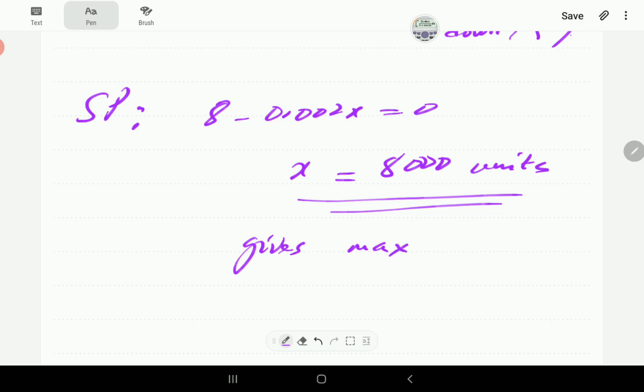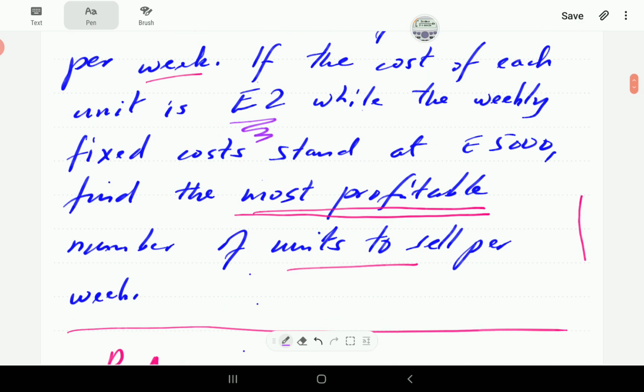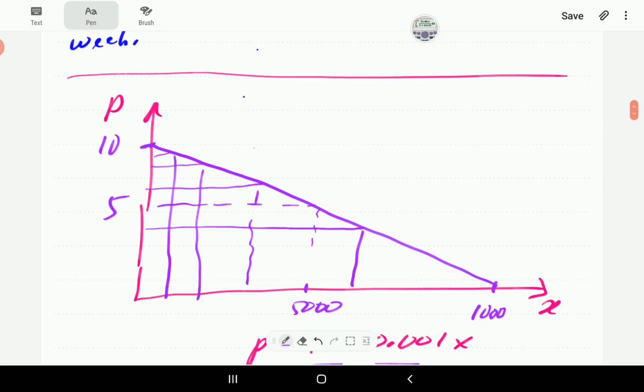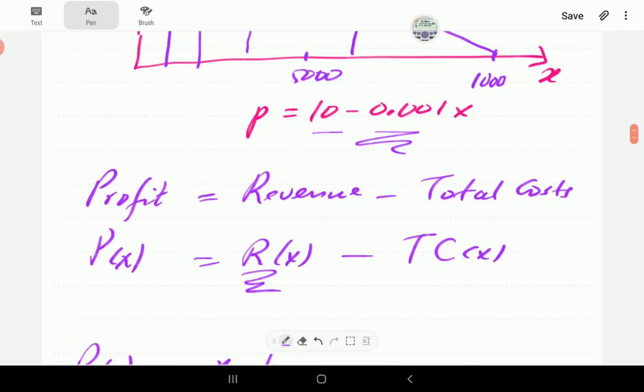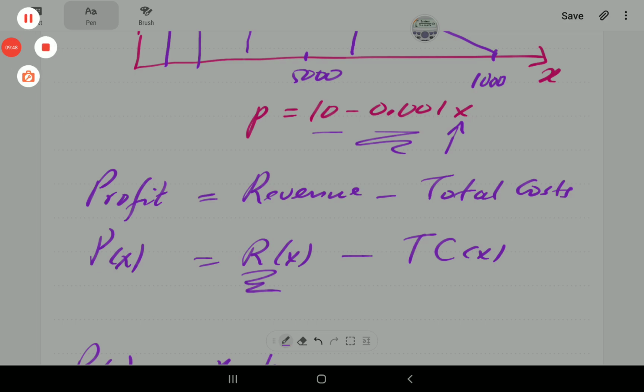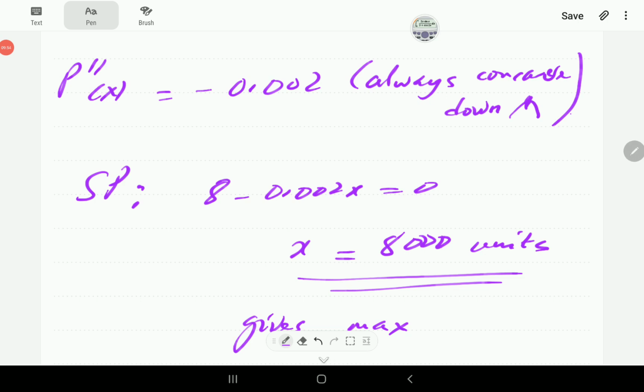If x is 8,000, we can find the price he needs to set to achieve this from the price demand function. So if we plug in 8,000 there, that tells us the price he's going to have to set is... actually this gives us 4,000 here, not 8,000.